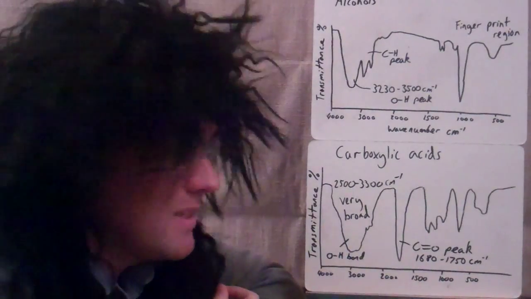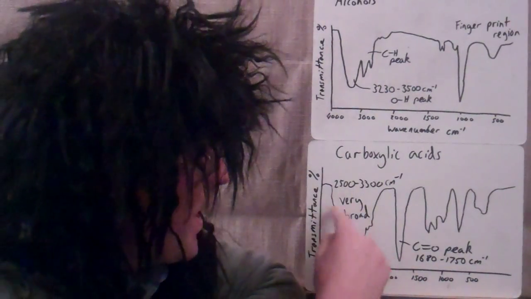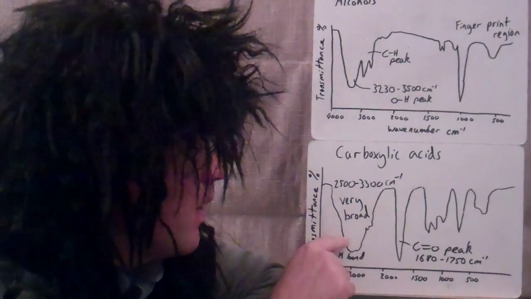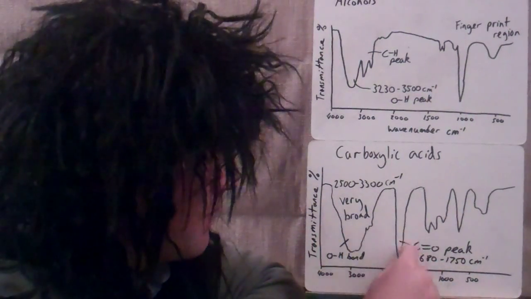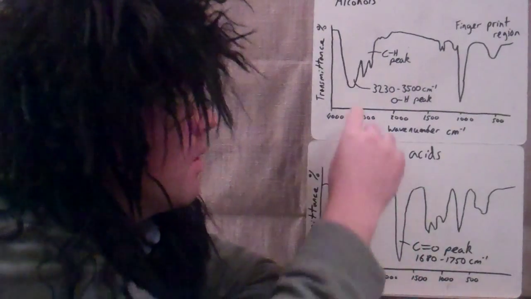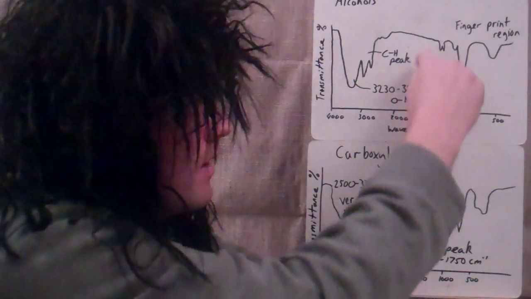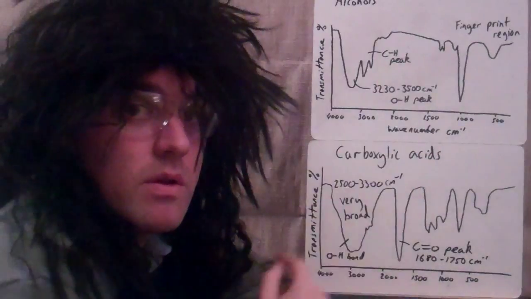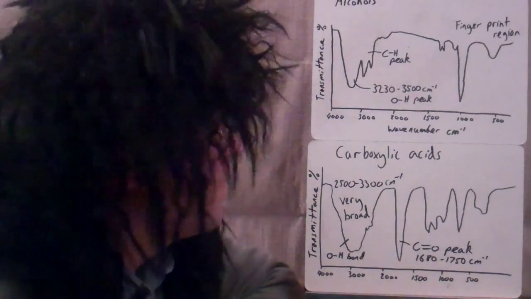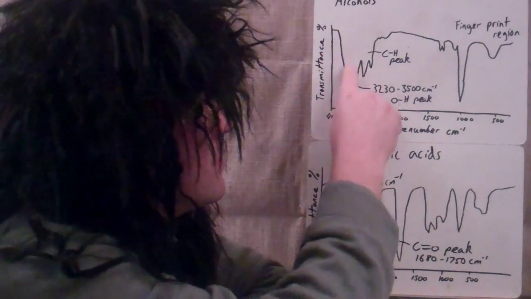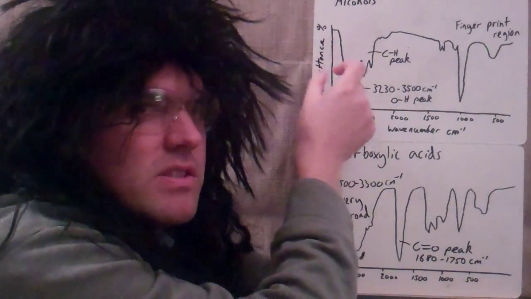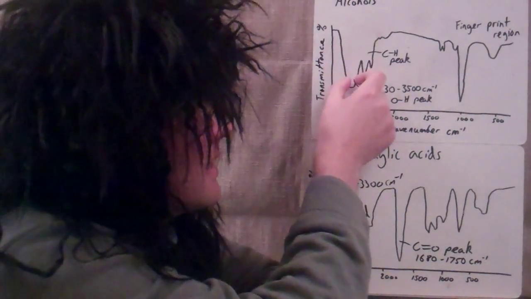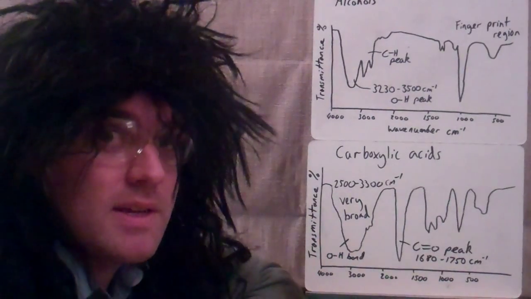So a carboxylic acid would have the OH, which is very broad, slightly lower down, and the carbon double bond oxygen, those two peaks. While the alcohol doesn't have a peak here. There's no carbon double bonded to an oxygen, but we do have the OH there, but it's further to the left, and it's not as broad as it is in a carboxylic acid.